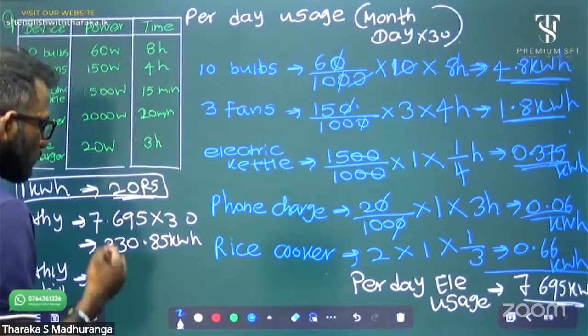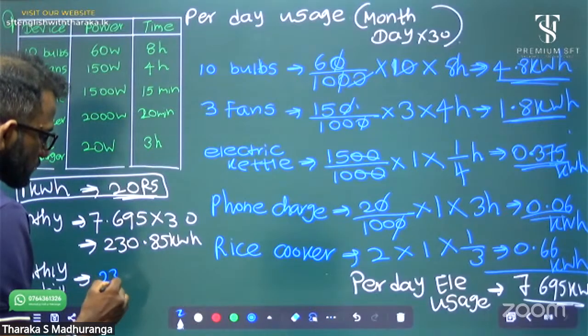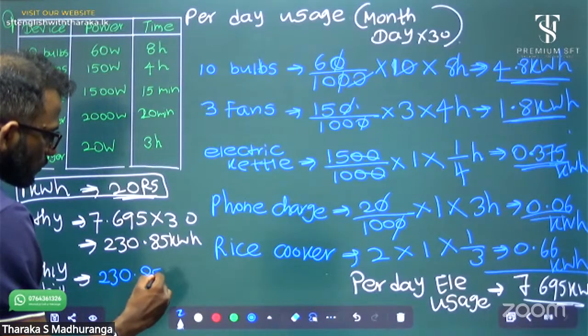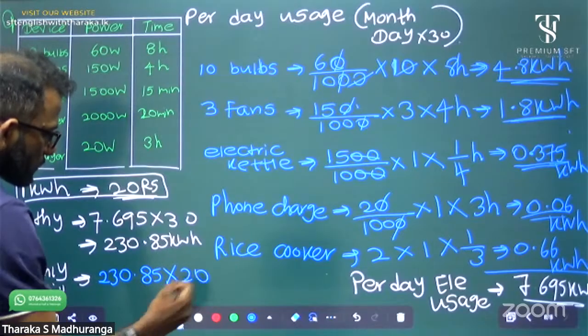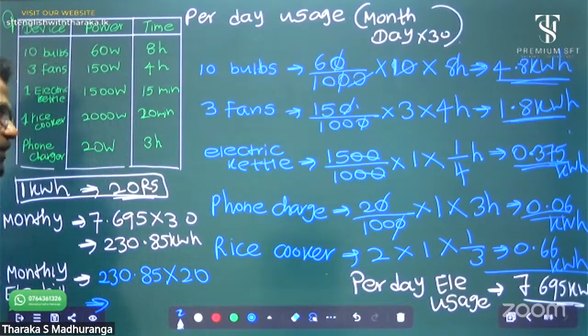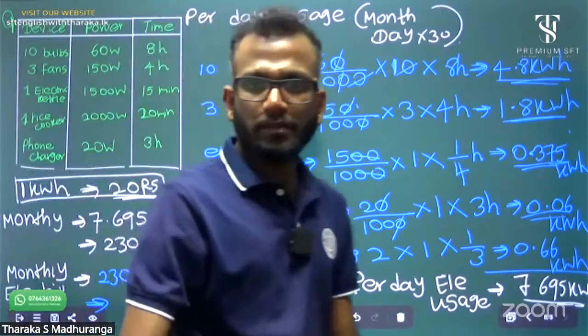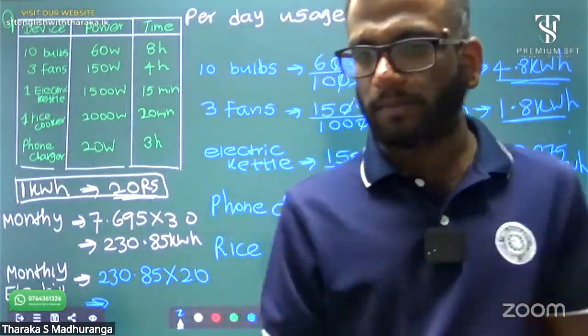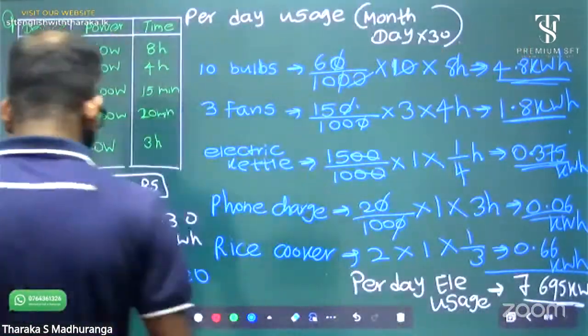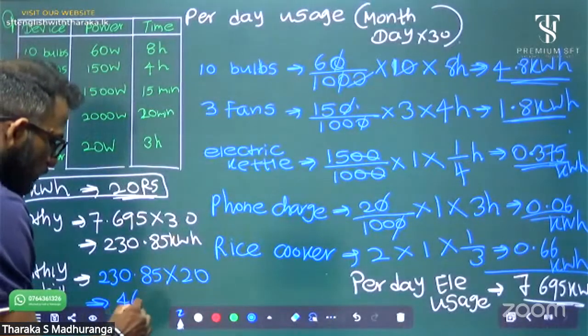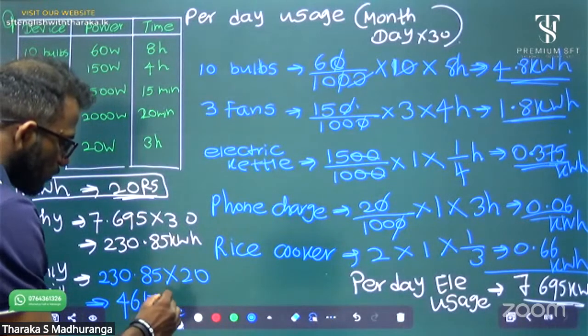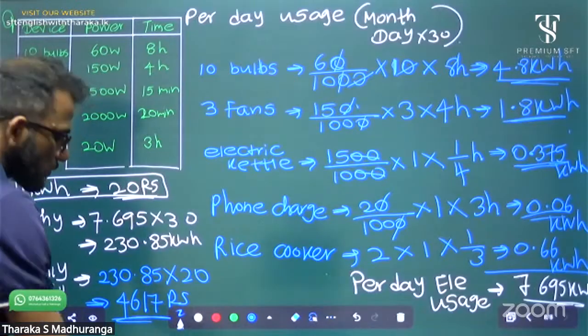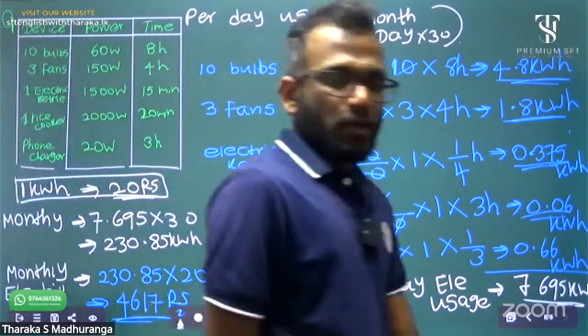Now 230.85 multiplied by 20. Okay, this is the monthly electricity bill: 4,617 rupees. Okay, note down.